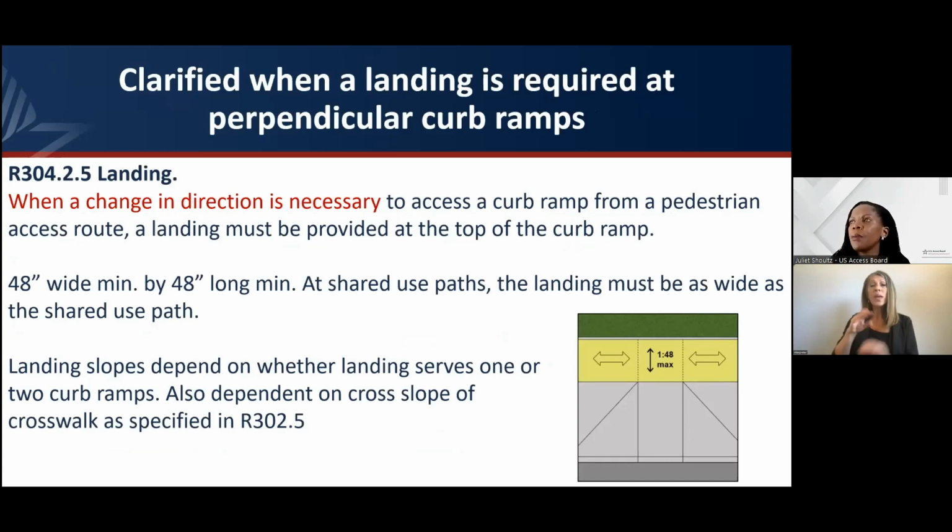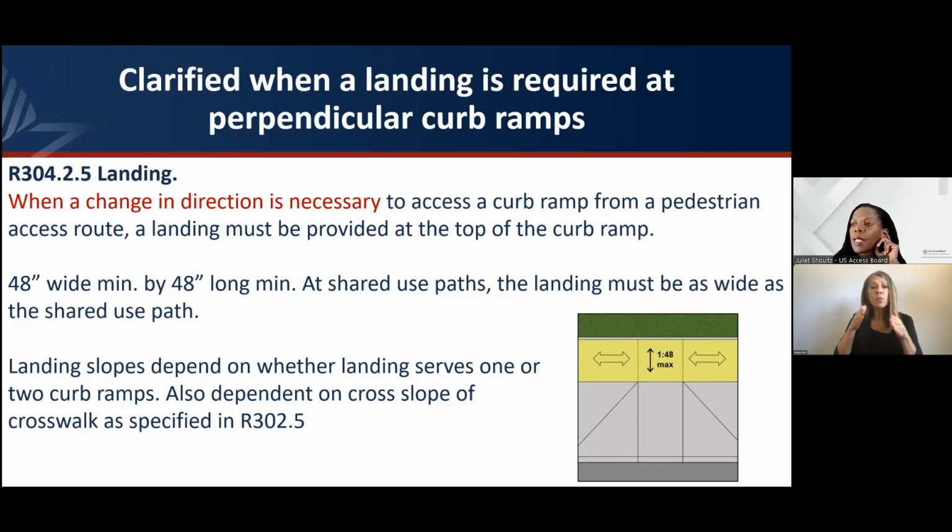We have clarified when a landing is required at perpendicular curb ramps, and specifically where there's the option to change direction of travel at the top of the perpendicular curb ramp as pictured. A turning space, or landing as we refer to it now, is required. The landing must be at least 4 feet by 4 feet unless it's at a shared use path. At a shared use path, the landing must be as wide as the shared use path.